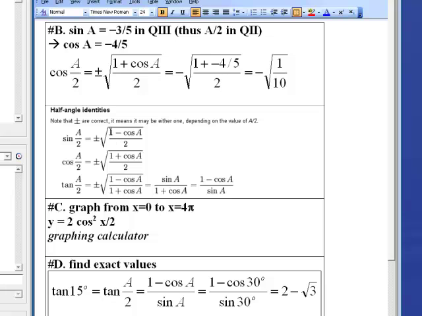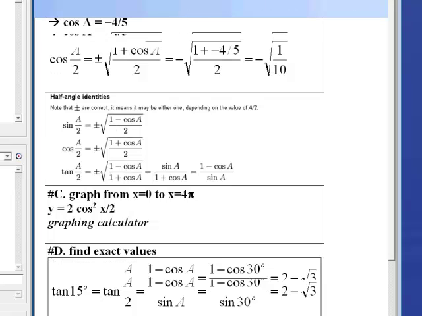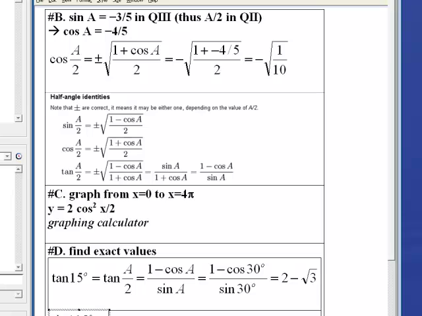Sine of 105 degrees. So we do the half-angle formula, plus or minus the square root of 1 minus cosine A divided by 2 equals, now we plug in the number, so 105 degrees is A over 2.